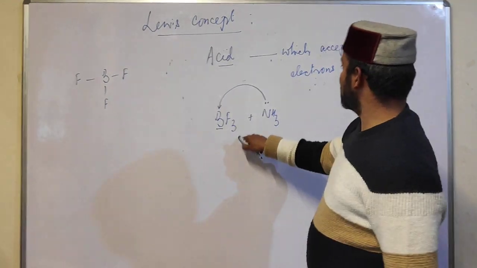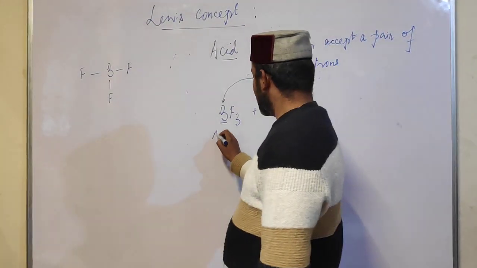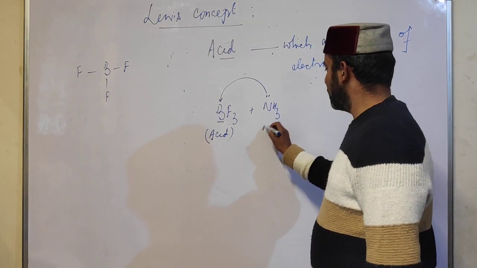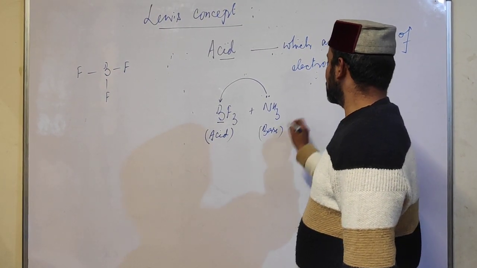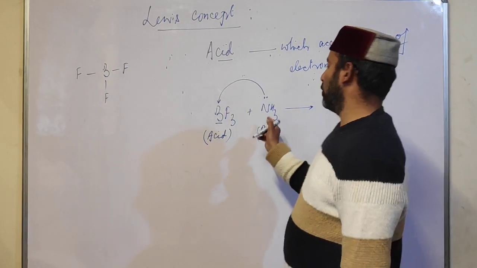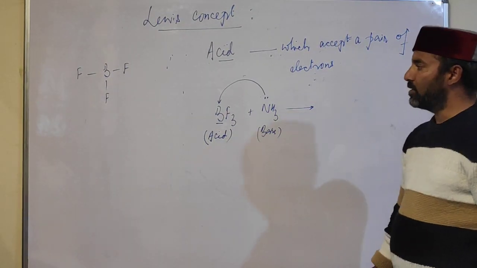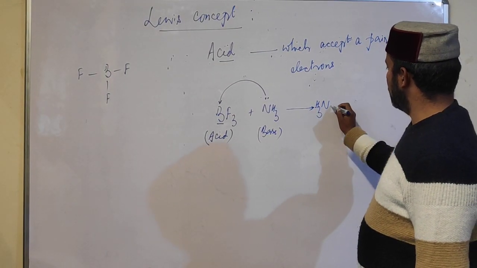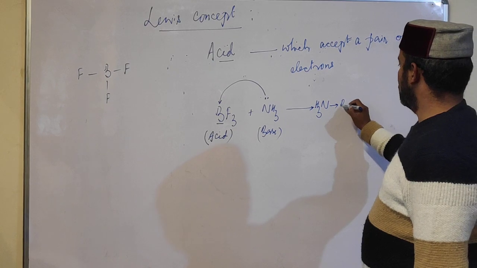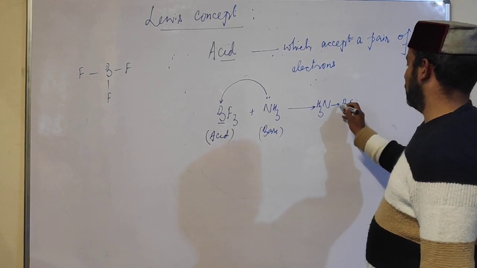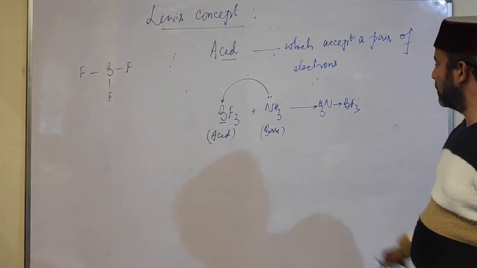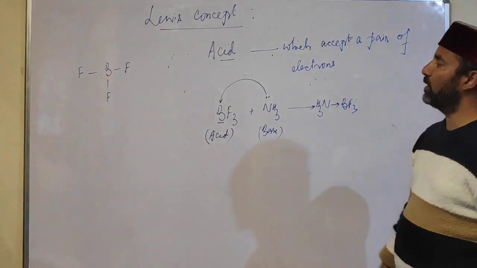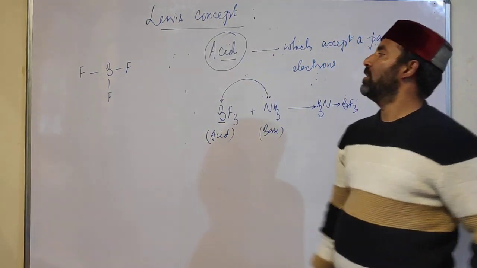Since BF3 accepts an electron pair, we say BF3 is acid, whereas ammonia is a base. So any substance which accepts electron pair is called an acid, and hence we get a compound which is formed due to coordinate bond, but again in this coordinate bond formation, boron of boron trifluoride is accepting electron pair and therefore can be regarded as an acid.